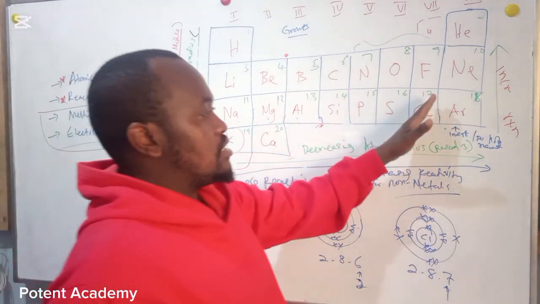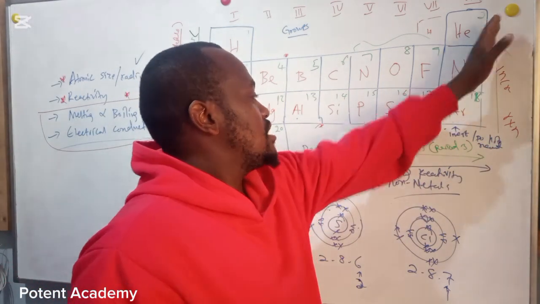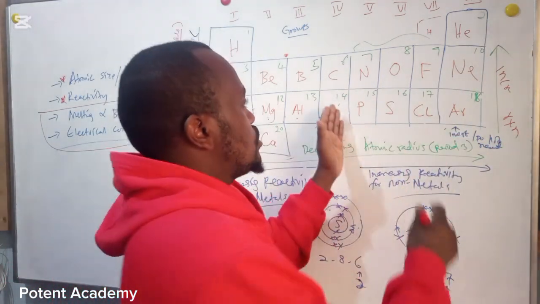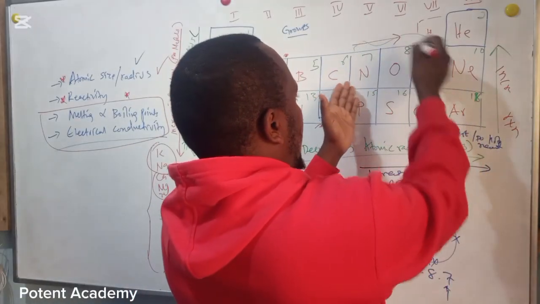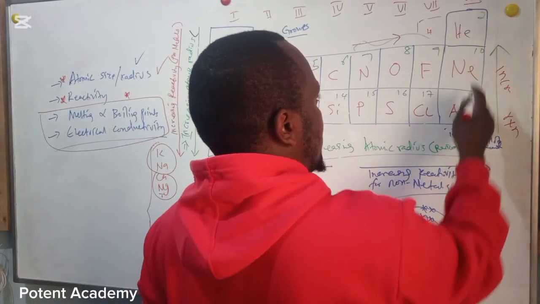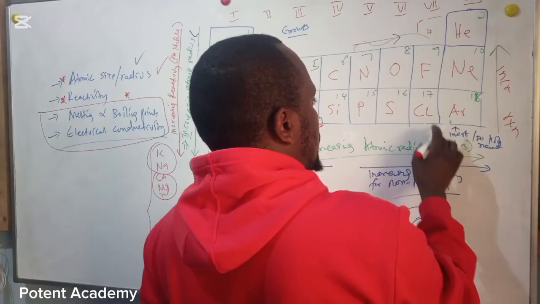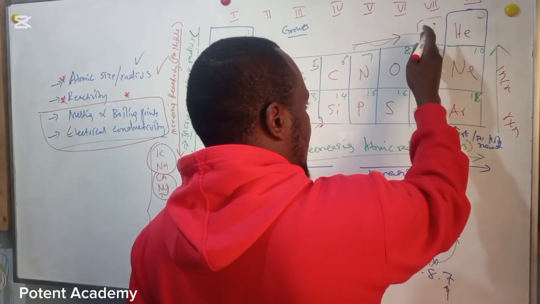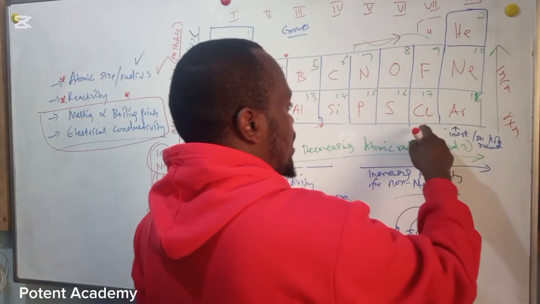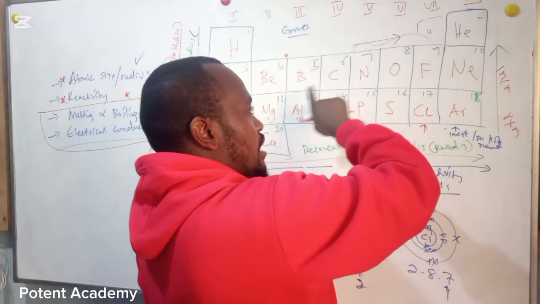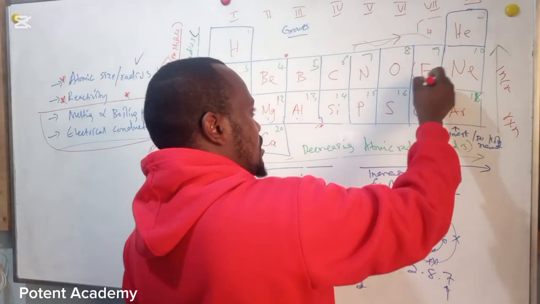What about for nonmetals? Reactivity increases this way and also increases this way. So as you go this way and up, where do you meet? This one is not reactive. So we are talking about this group, the highest up the group and the farthest to the right, which is this one.